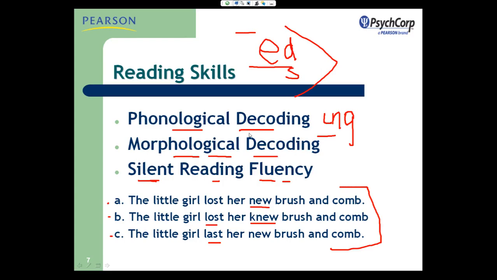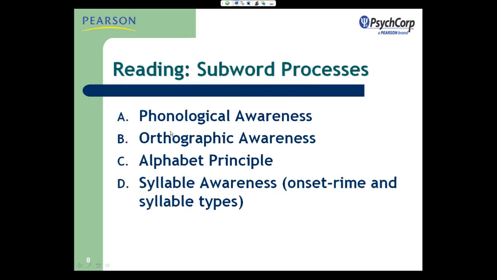But what if you're working with an individual in grade 1 where the focus is on phonological decoding and a student is not able to perform that particular skill? What are some of the component processes that might be contributing to underachievement in that area?